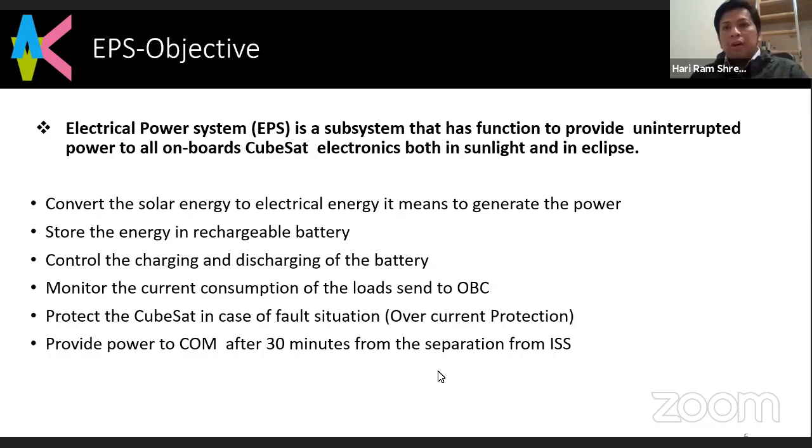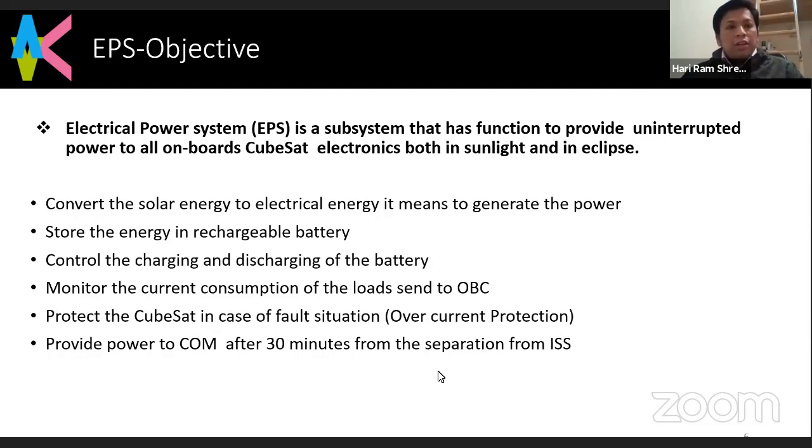It means generating power from the solar panel during sunlight time, and a rechargeable battery stores the energy as the primary source in eclipse time. Another main part of the EPS subsystem is to control the charging and discharging of the battery so the CubeSat can do the whole mission continuously and well.